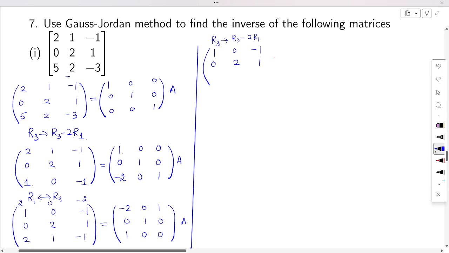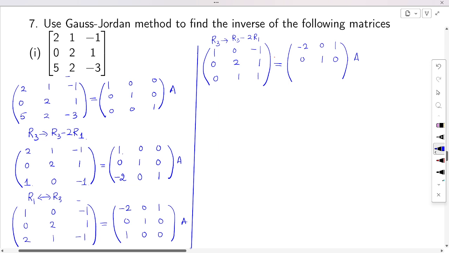So 2 minus 2, 0, 1 minus 0, 1, minus 1 plus 2 is 1. Apply the same operation on this matrix: minus 2, 0, 1, 0, 1, 0.